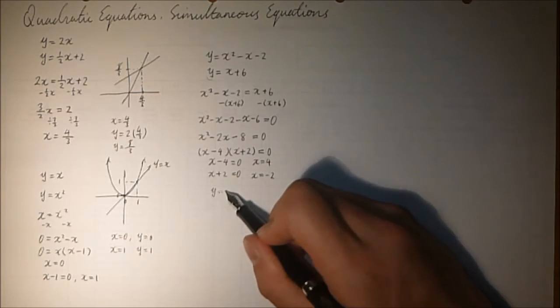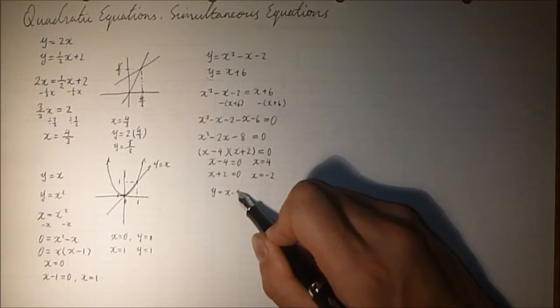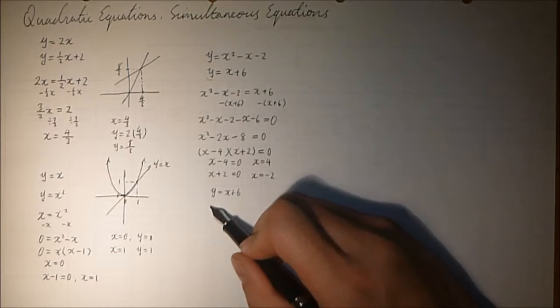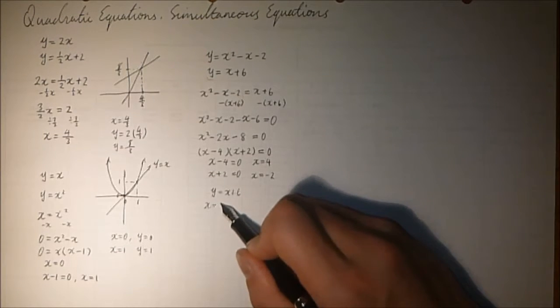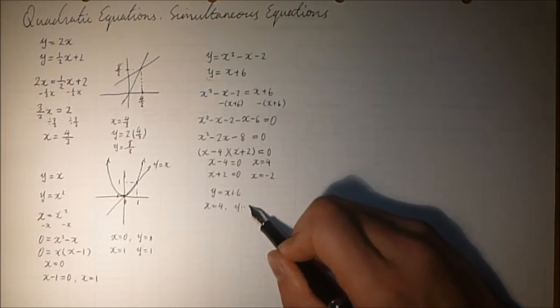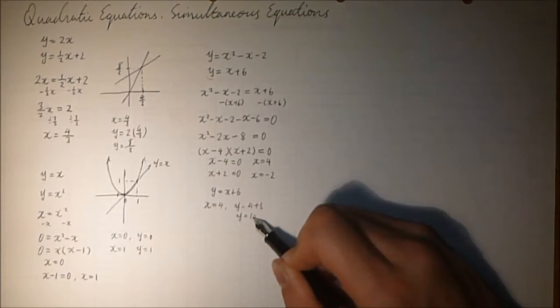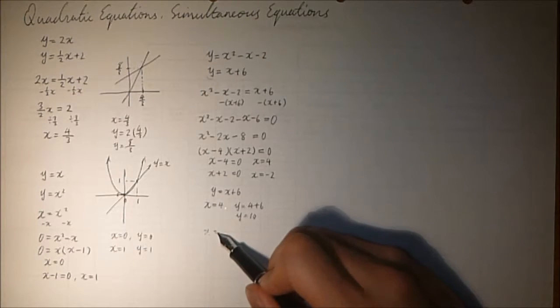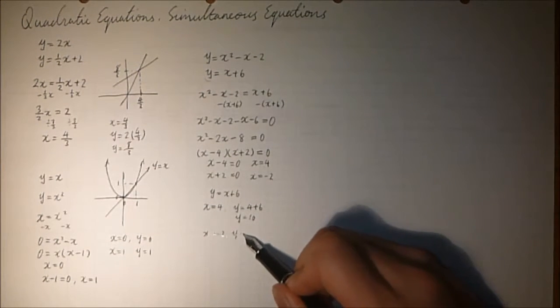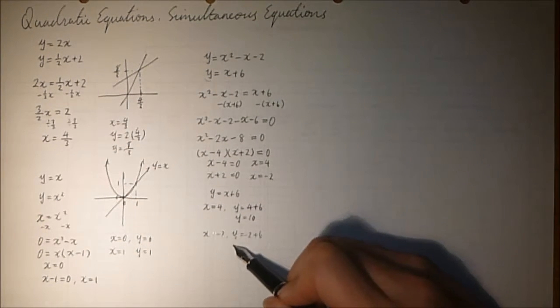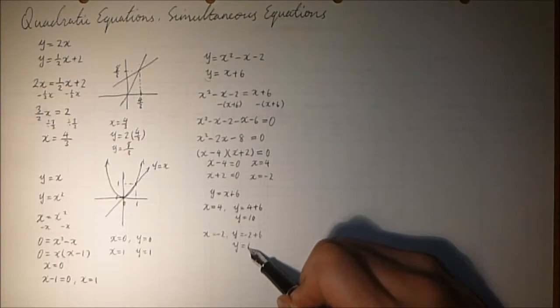So y equals x plus 6, and when x equals 4, y equals 4 plus 6, which means y equals 10. And when x equals negative 2, y equals negative 2 plus 6, so y is 4.